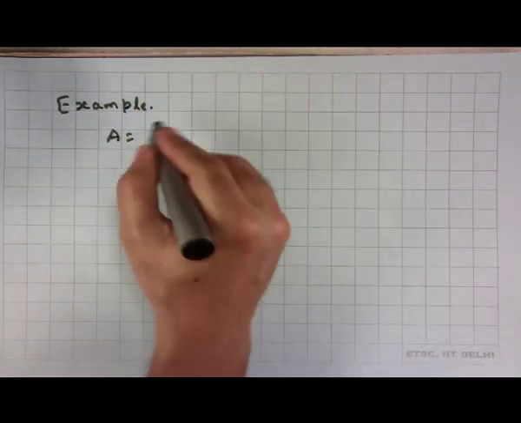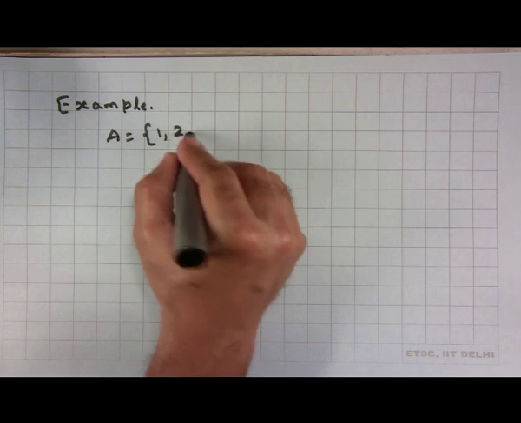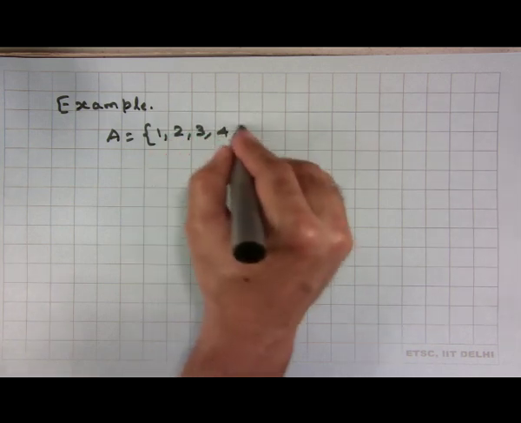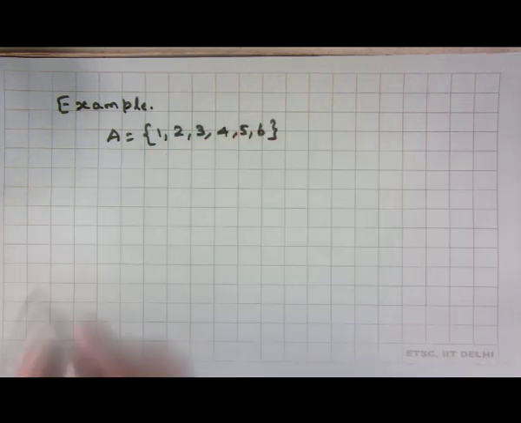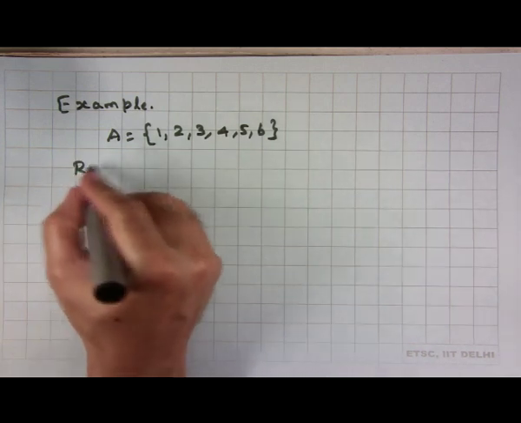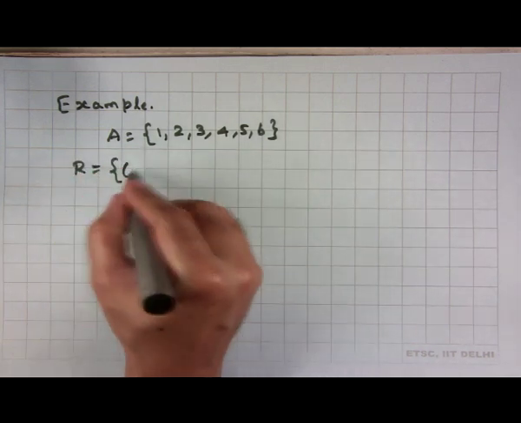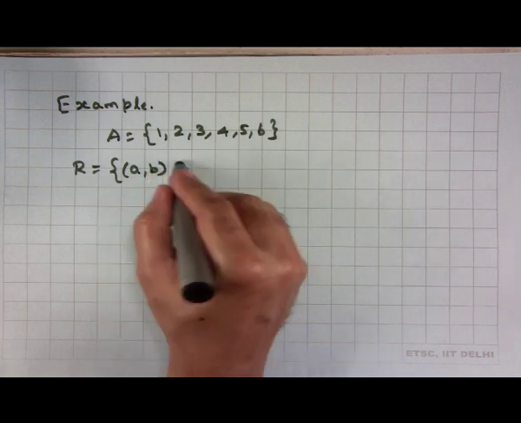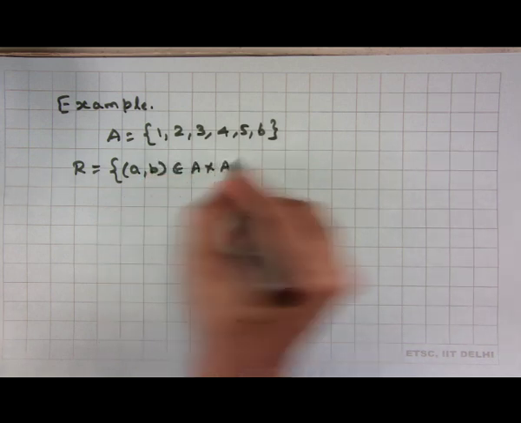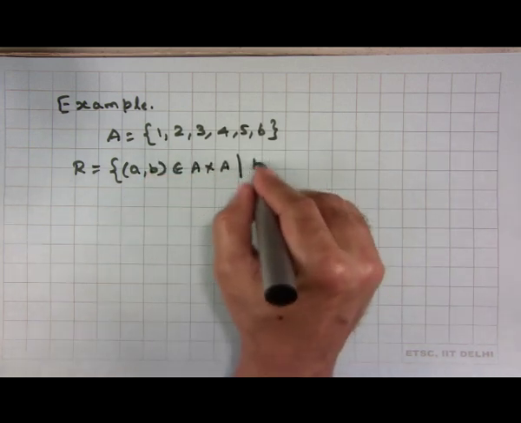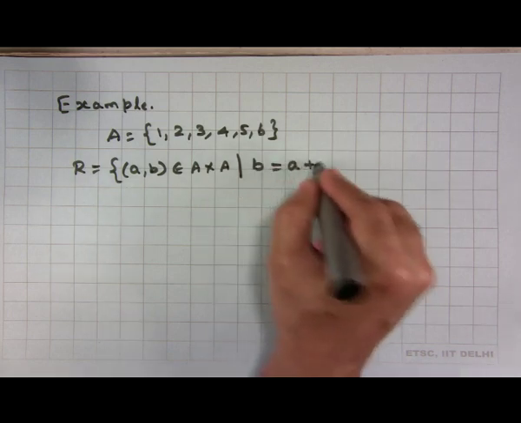Now, let us look at one more example. Let A equal 1, 2, 3, 4, 5 and 6. Let R equal all those (a, b) in A cross A with the condition that b is of the form a plus 1.